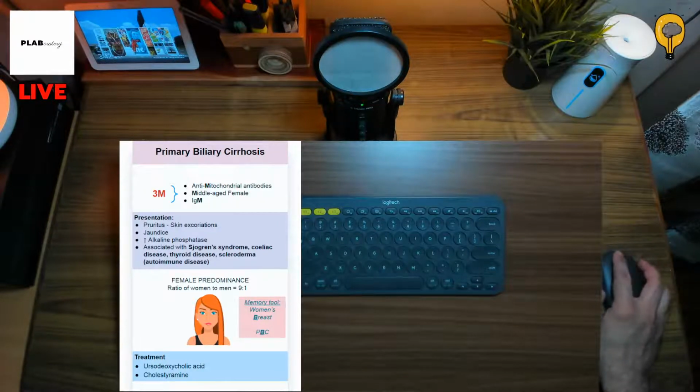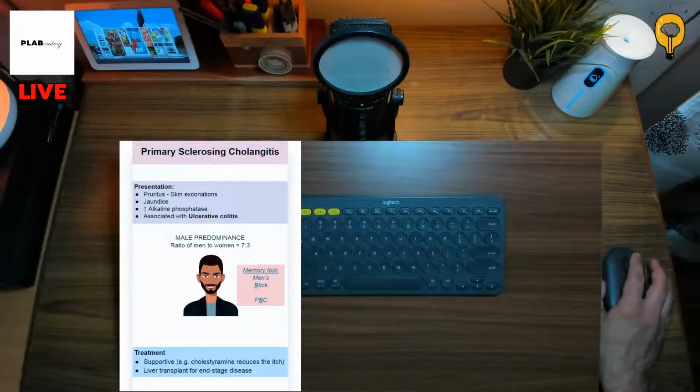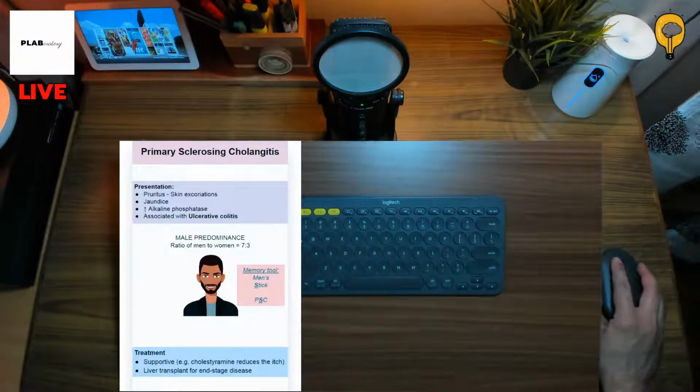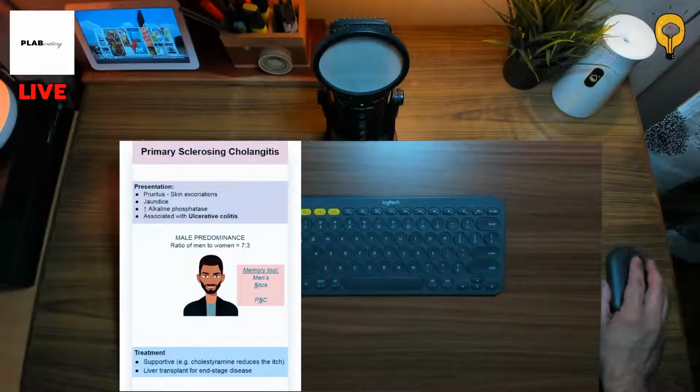Now here we will also see primary sclerosing cholangitis. So primary biliary cirrhosis and primary sclerosing cholangitis, we have to see both of them.